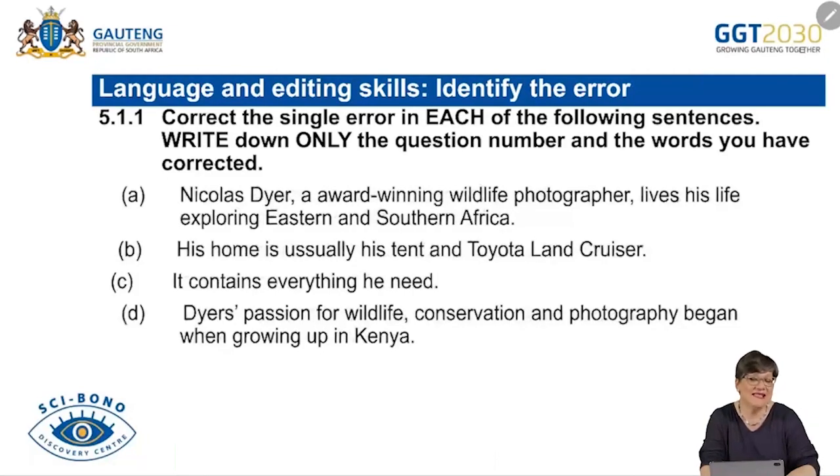In each sentence, there is a mistake or an error. You need to identify it and write down the correct word and its correct form. Now remember, your answer must only be the word. I'm going to give you a few seconds to see if you can get it right. Remember what to look for.